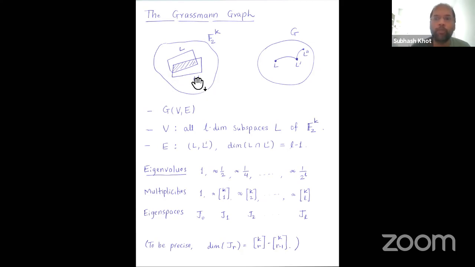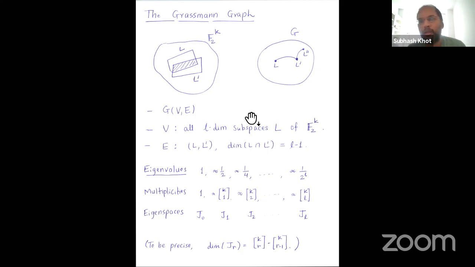In the test that we discussed, we picked a pair L, L prime whose intersection had dimension little l minus 1. Once you write it down as a graph, that's the Grassmann graph. Its vertices are all subspaces L of dimension little l of a global space of dimension k, and you connect L and L prime if their intersection has dimension little l minus 1.